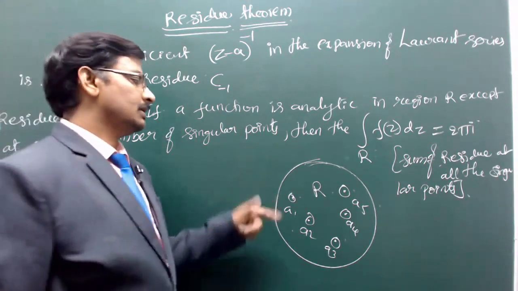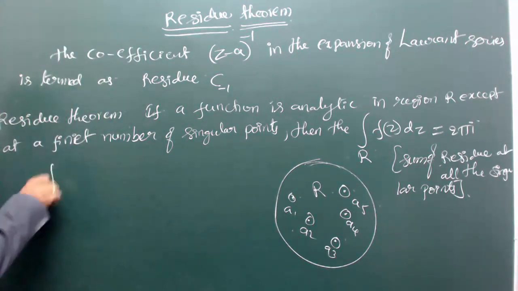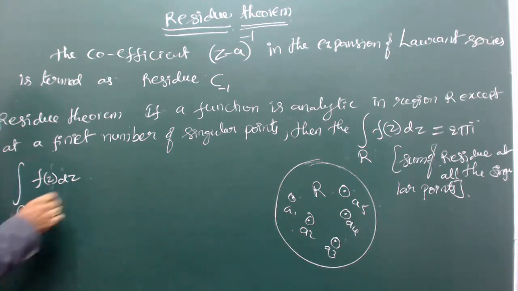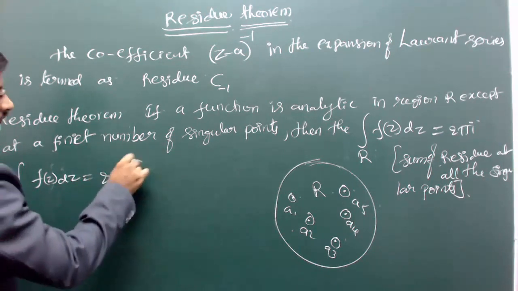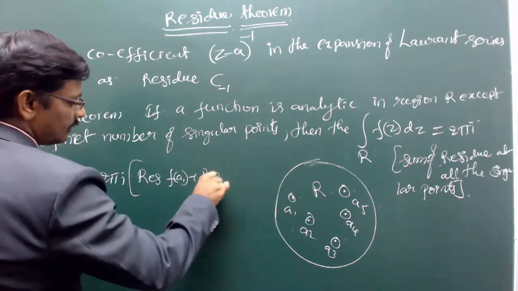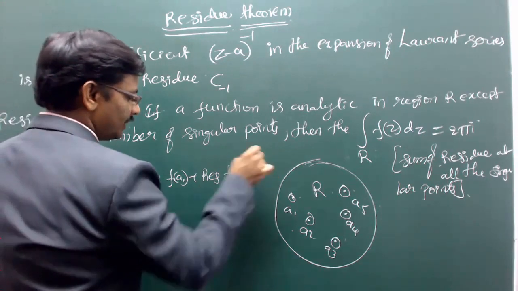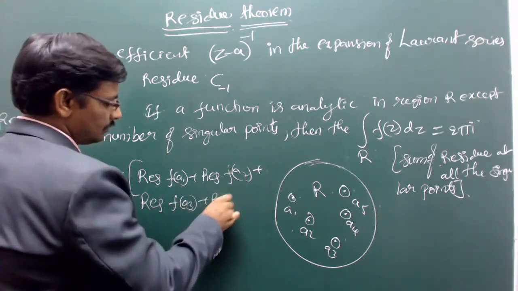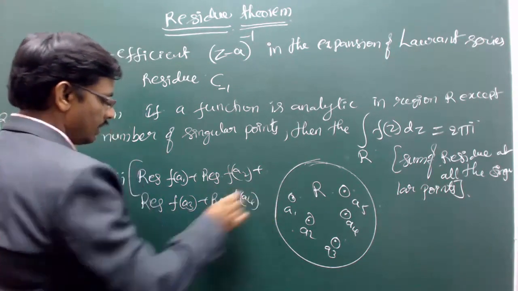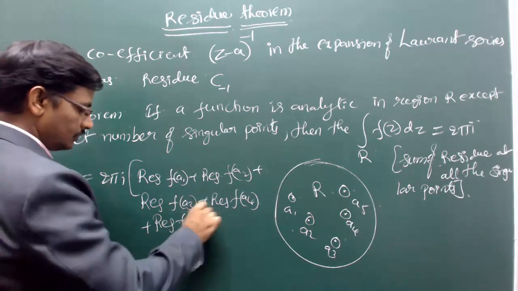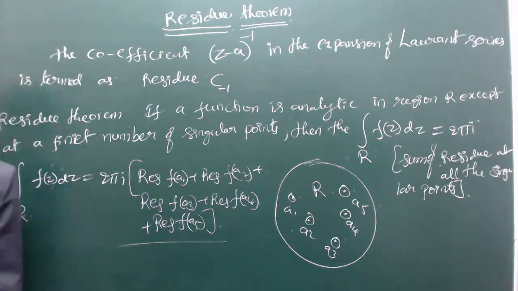In such cases, the integral of f of z dz over the region R is equal to 2 pi i times residue at f of A1 plus residue at f of A2 plus residue at f of A3 plus residue at f of A4 and residue at f of A5. This is what the residue theorem states.